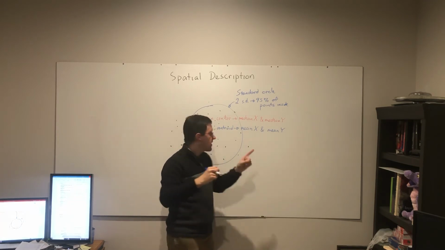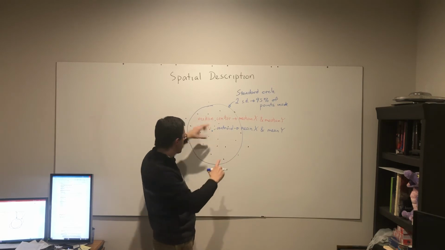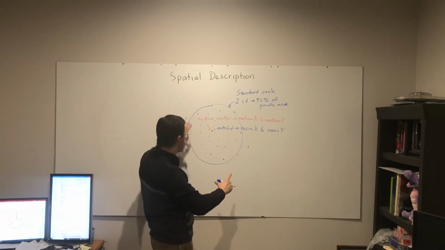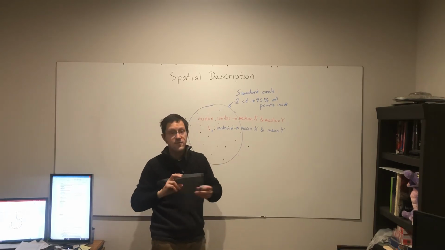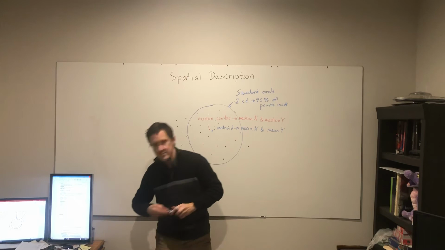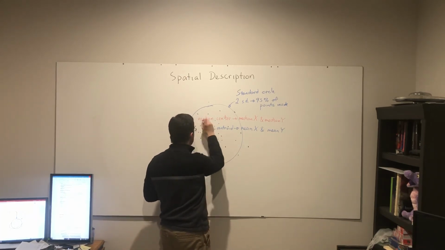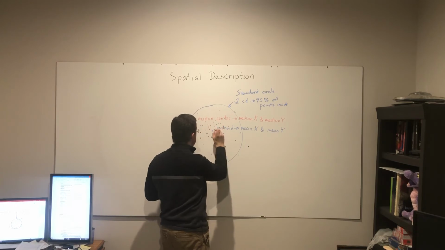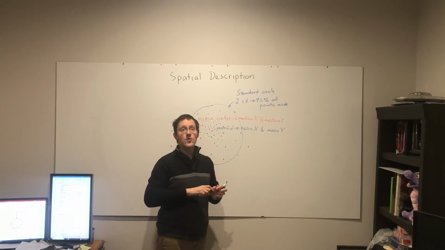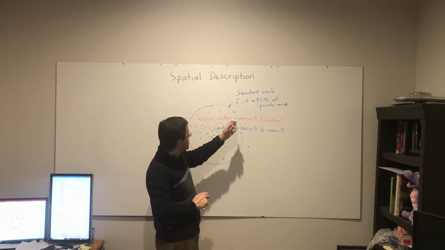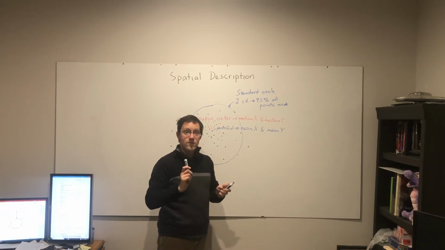It is a circle centered on the centroid, following the mean, and its radius is such that, I didn't draw it big enough for this, 95% of the points are within that circle. You need to add a few to make that 95% true. So that is the standard circle.